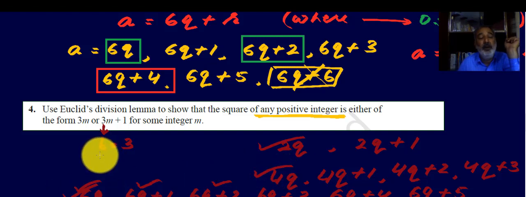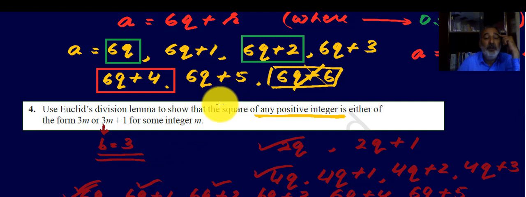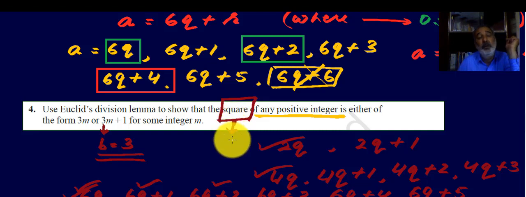Now I will try these numbers by taking b equal to 3, and I have to expand the squares. Do you know how to expand squares of binomials? If yes, it will be clear to you, and if no, then try out some questions. Let's have some more questions.